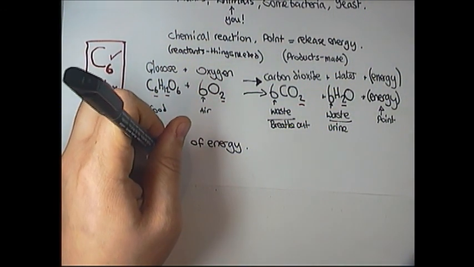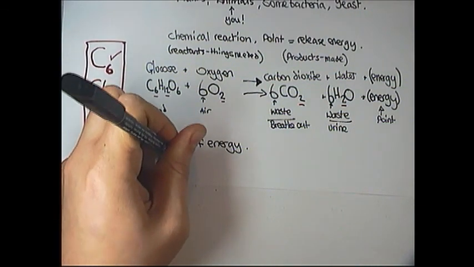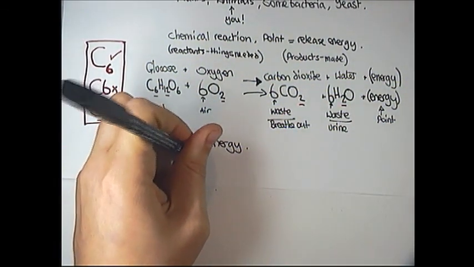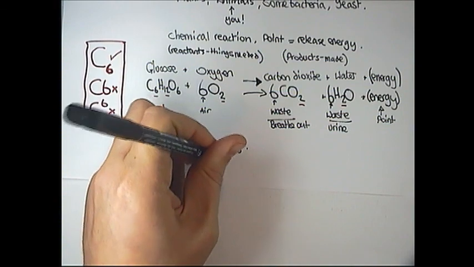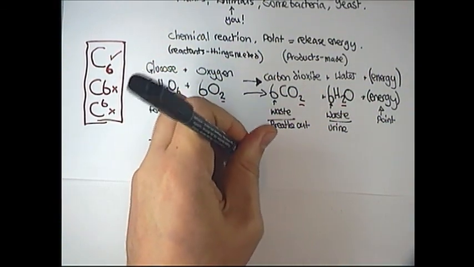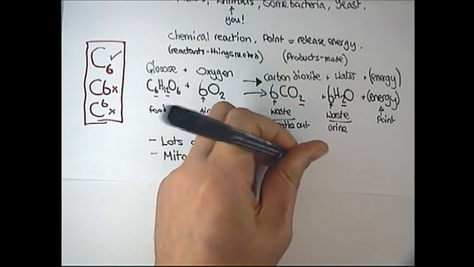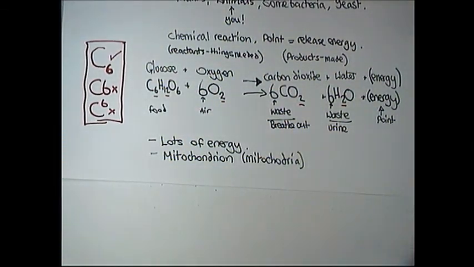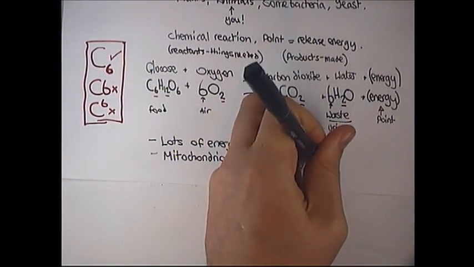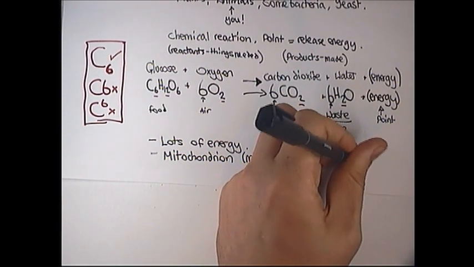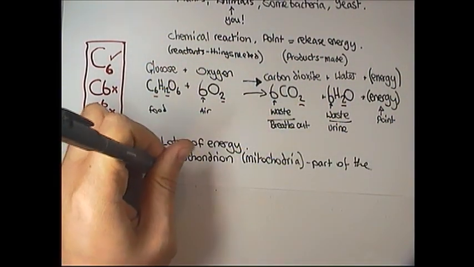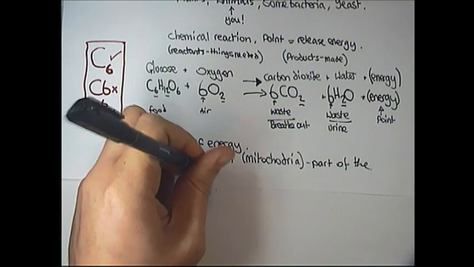It happens in a part of a cell, an organelle, called a mitochondrion. The plural of mitochondrion that you will have come across as well is mitochondria. And that is the part of the cell where aerobic respiration happens.